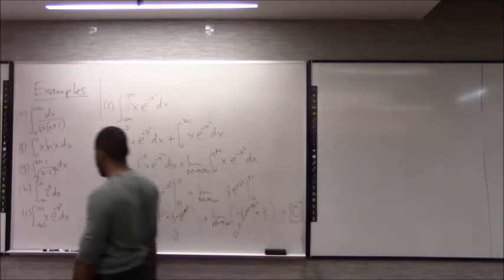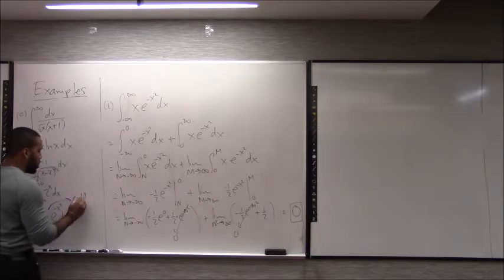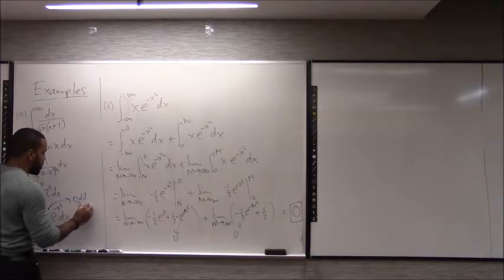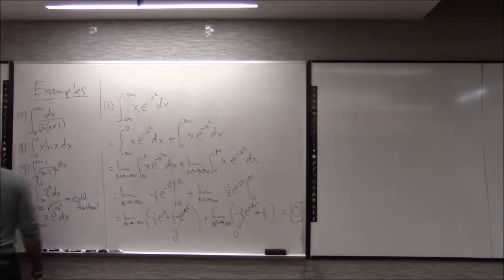So they cancel each other out. This is an odd function. We know that odd functions on balanced intervals cancel each other out. Whenever you have infinity though, you still want to check it very carefully and approach these bad points.